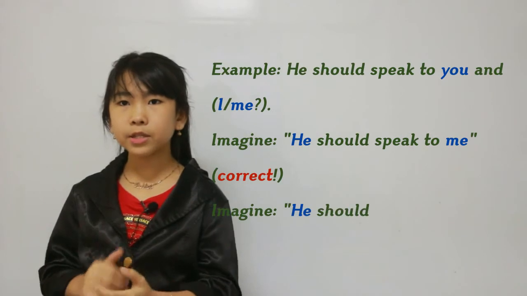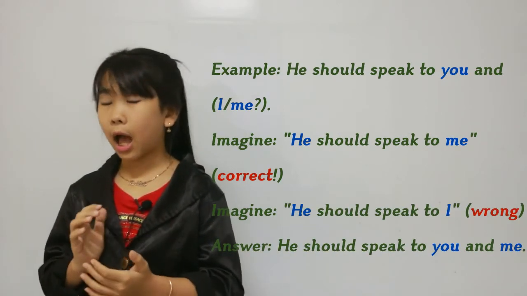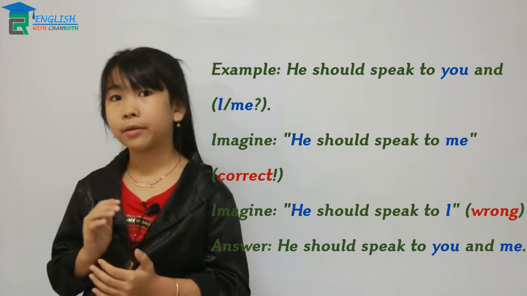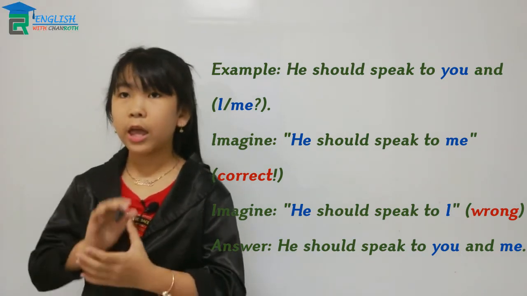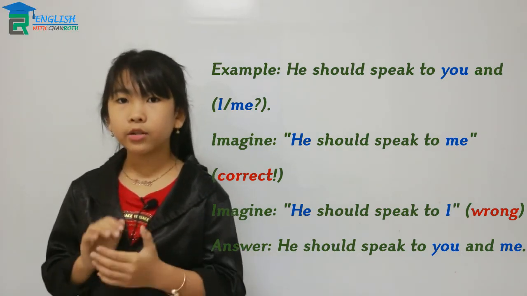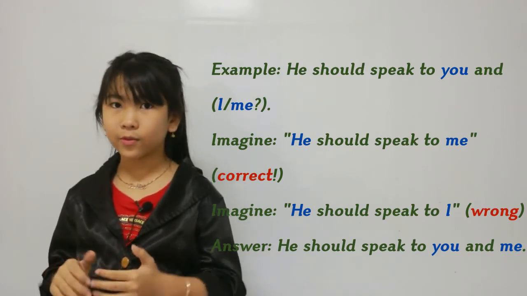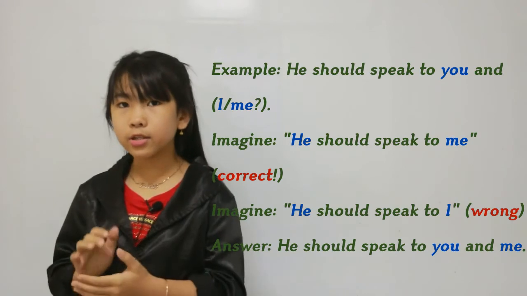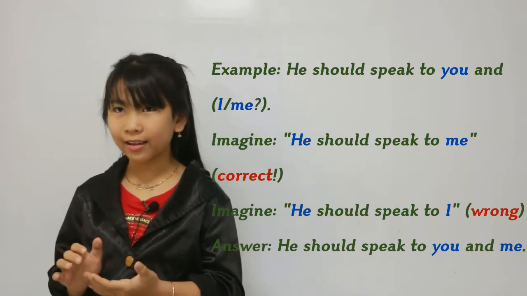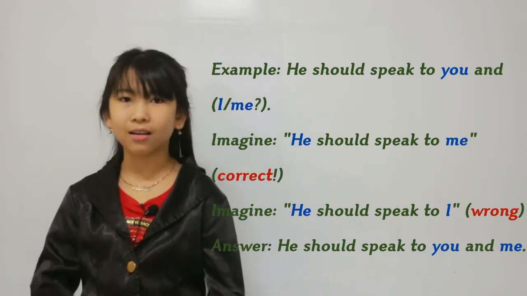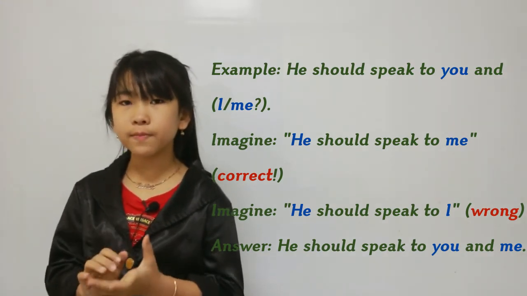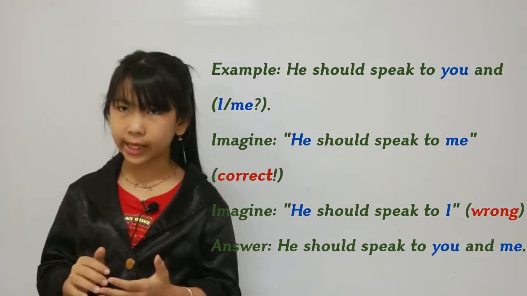Another example, he should speak to you and I or to you and me. Imagine, he should speak to me. Correct? Imagine, he should speak to I. Wrong. So the right answer is he should speak to you and me.